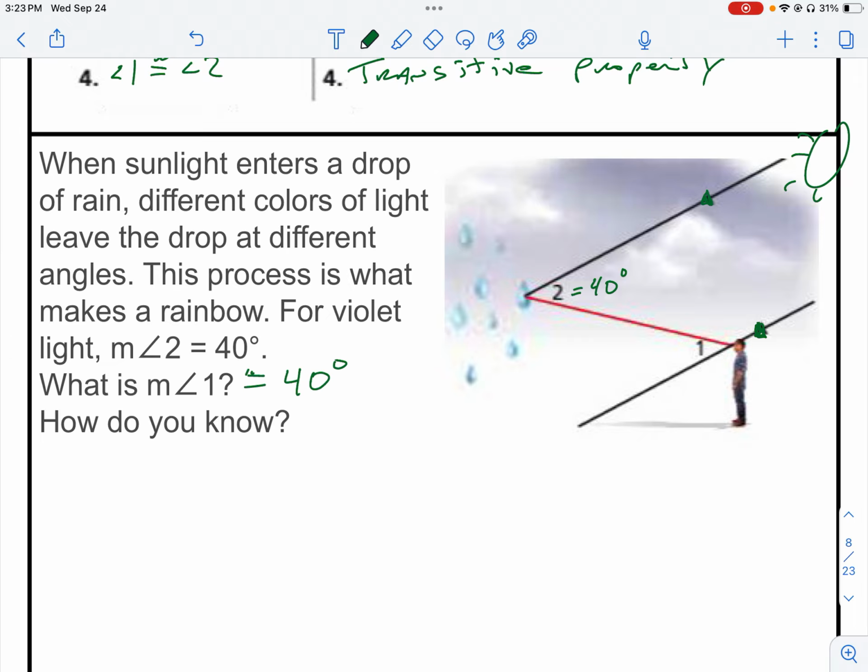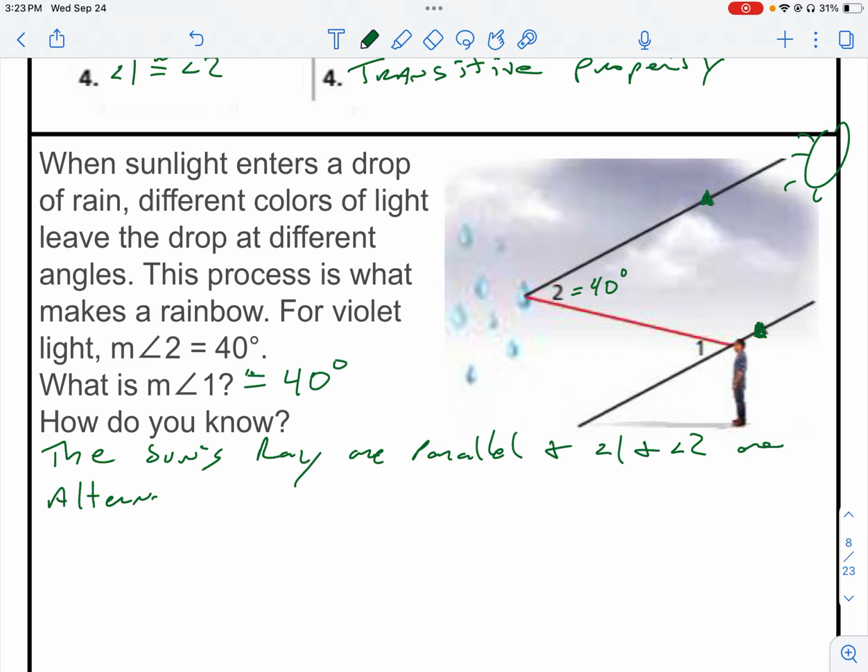Well, it's 40 degrees. How do we know that? Well, the sun's rays are parallel, and angle 1 and angle 2 are alternate interior angles, because we learned that in the last section.